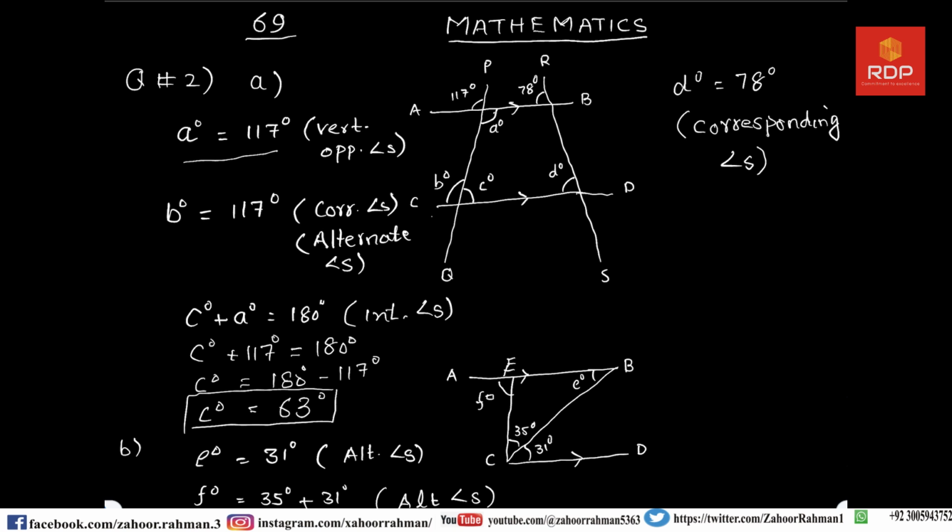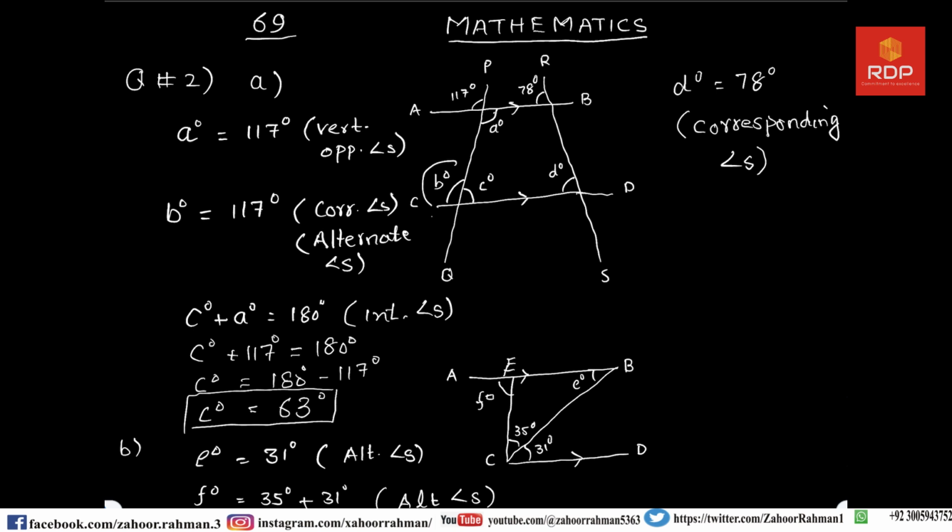So these are the vertically opposite angles, and that is, A degree is equal to 117.